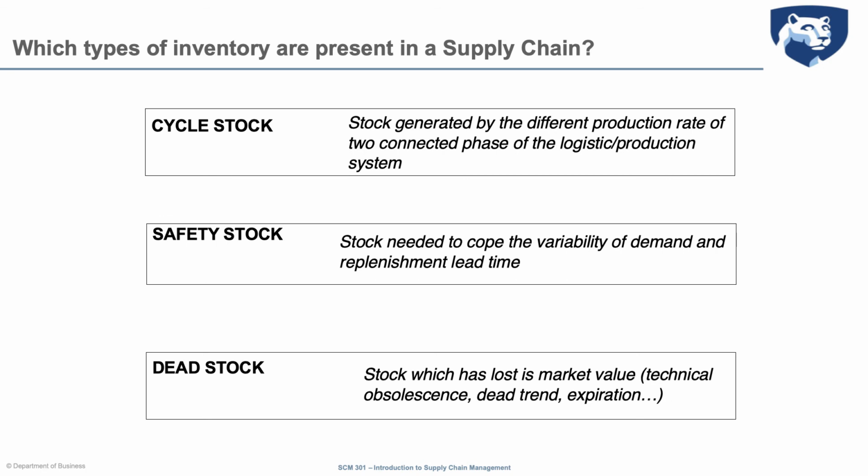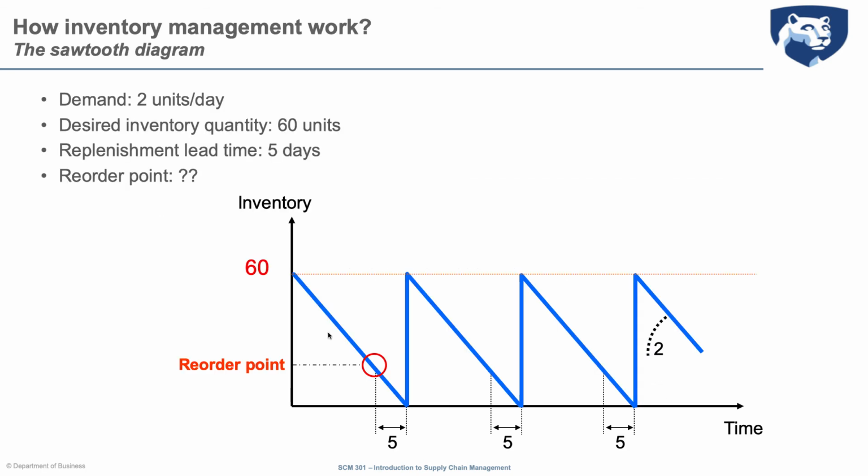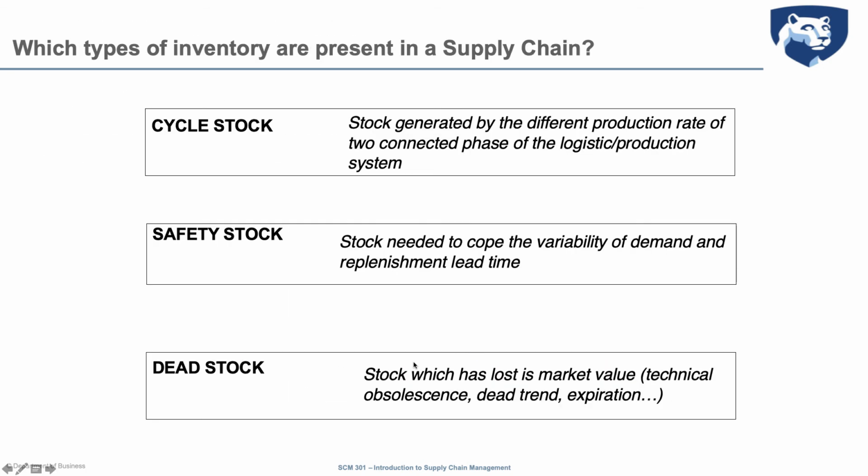In the supply chain, starting from this model, we distinguish three types of stock or inventory: cycle stock, safety stock, and dead stock. So next week we will start from here and I will describe the differences.